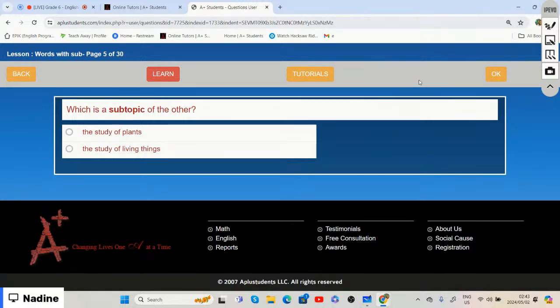Which is a subtopic of the other? Is it the study of plants or the study of living things?